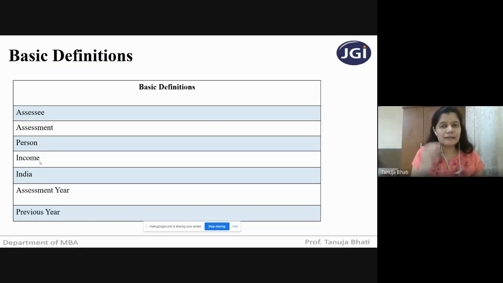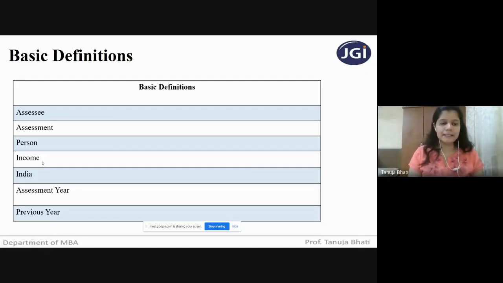If you're receiving any rental income, if you have any property which you have given on rent, that rent can be your income. Dividends that you're receiving on shares can be your income. So income can be anything that a person is receiving. It is not an exhaustive definition, it is an inclusive one, because income can mean anything that an individual is receiving.